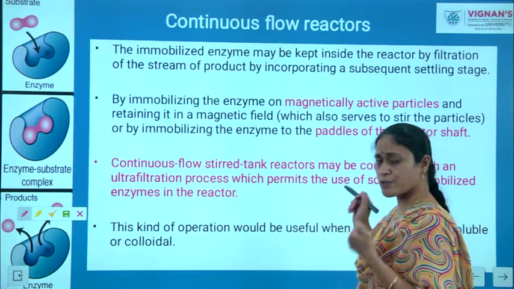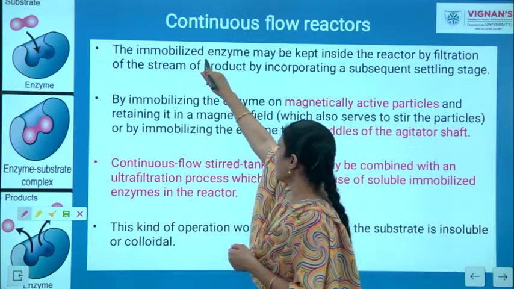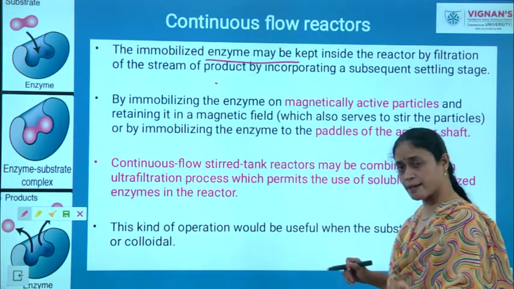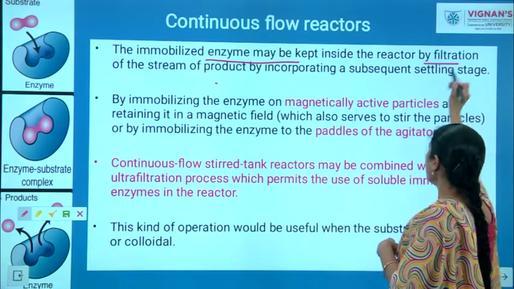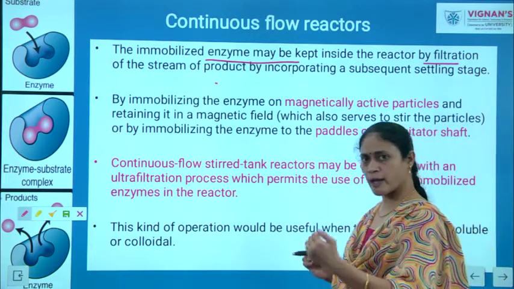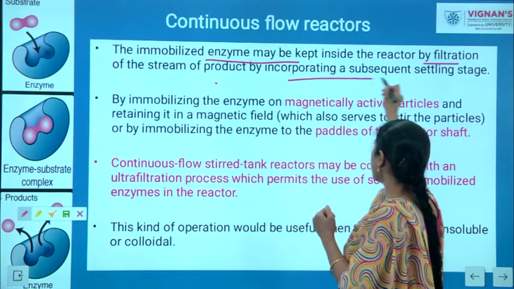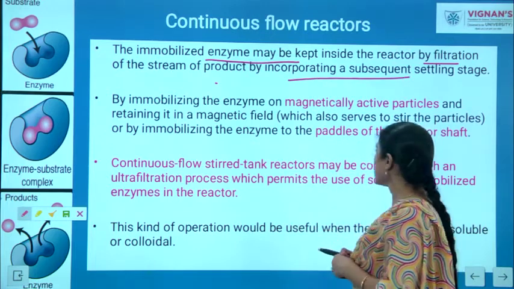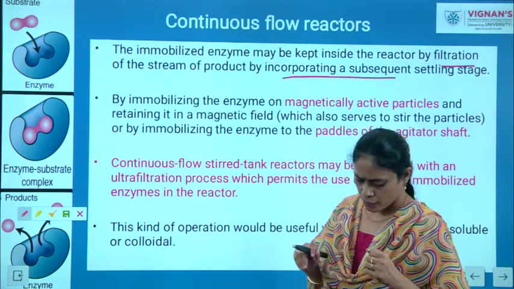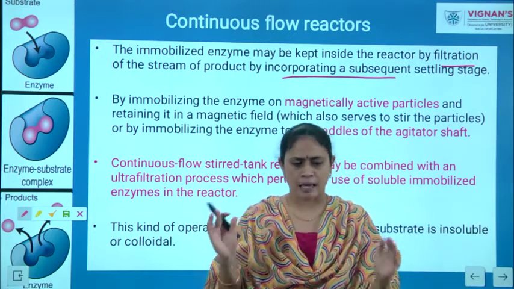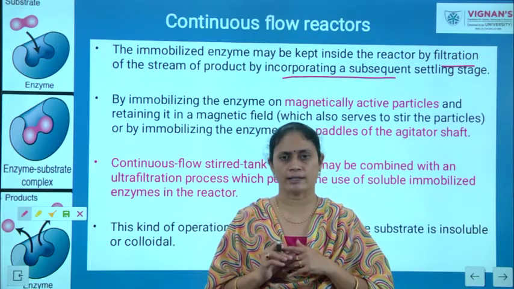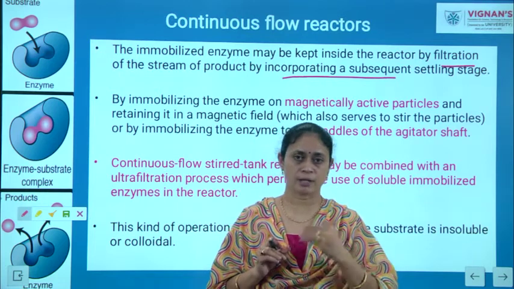So, in these continuous flow reactors, the immobilized enzymes may be kept inside the reactor by filtration of the stream of product, by incorporating a subsequent settling stage. So, when you are placing your enzyme inside your reactor, how can you immobilize your enzyme?